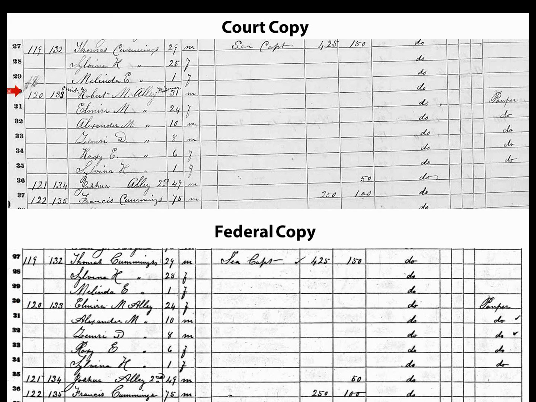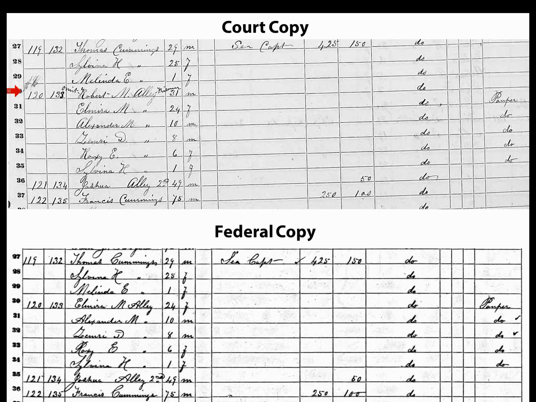But if we look at the county court copy, we can see that there is Robert M. Alley living with Elmira, and that he is supposed to be omitted from the official transcription that goes to Washington because he is a prisoner. Now, I don't know what he's a prisoner of, but he would have been enumerated in that prison. That's what the census instructions told the enumerators to do. So in this case, they're doing the correct thing. They're following the instructions. But for our purposes as genealogists, we would love to have this information.